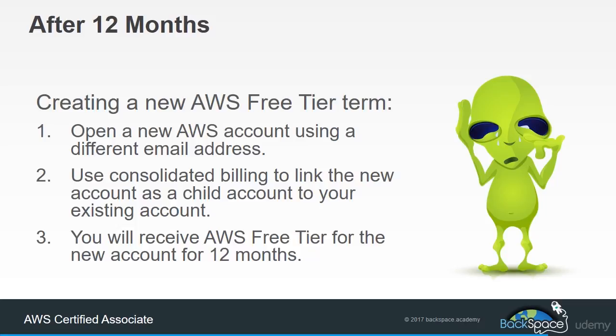So you still just have one bill that you'll be paying for through your main account, but this second account that you've created will enable you to continue to use the AWS free tier, provided you do everything within that new account. On your old account, your main account, that will still be expired as far as the free tier is concerned. So that's a way to kind of keep on going if you want to just keep playing around with AWS without having to absorb a big bill at the end of each month.